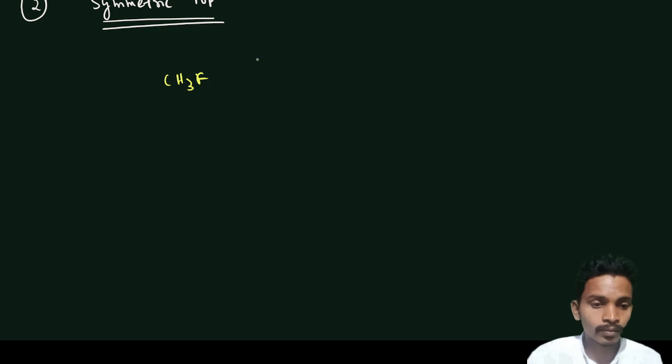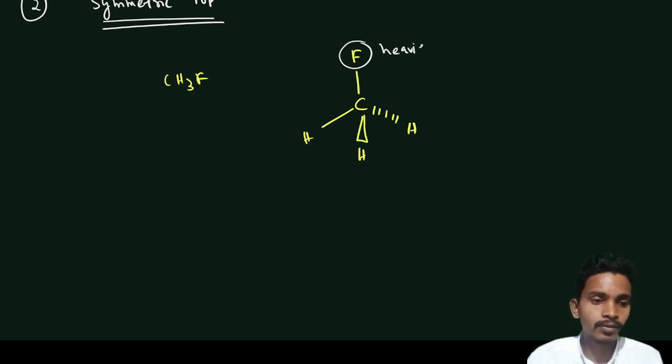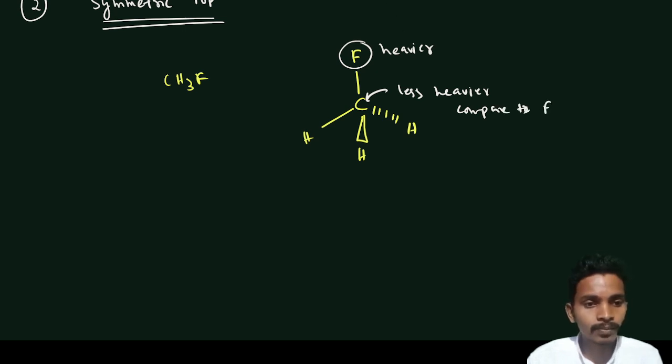So if I draw C, H, H, H and F, we know that fluorine is the heavier atom and hydrogen is less heavy compared to fluorine. It means the center of gravity will lie somewhere toward the heavier atoms, so somewhere here will lie the center of gravity.